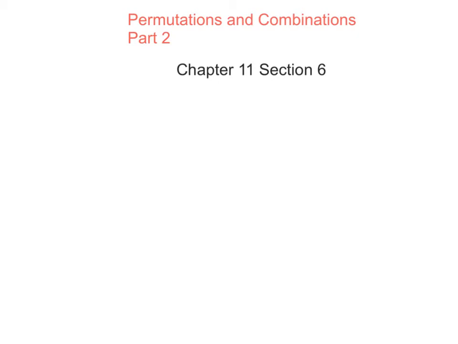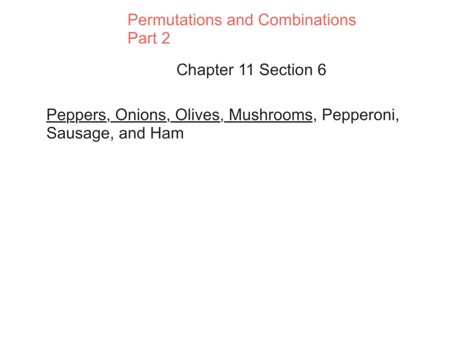So let's talk about these friends going to a pizza parlor. If you go to a pizza shop, you have several toppings you could choose from. This pizza parlor has peppers, onions, olives, mushrooms, pepperoni, sausage, and ham for their toppings. Now, suppose I wanted to have 2 toppings of vegetables on my pizza.